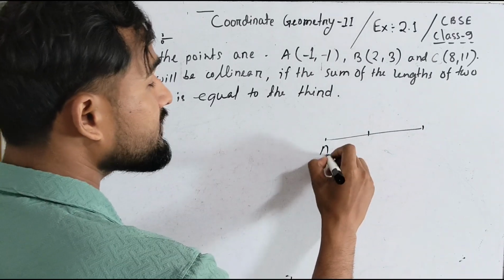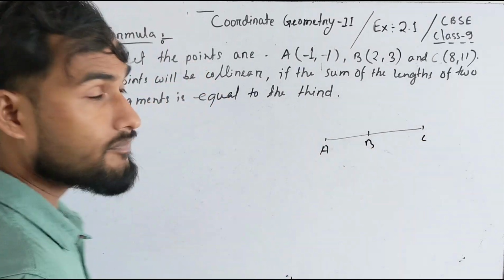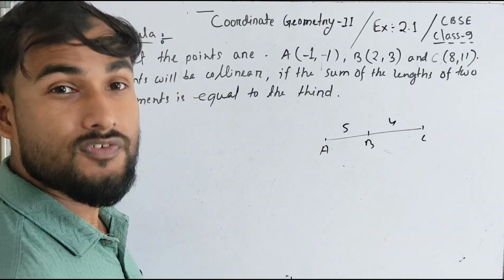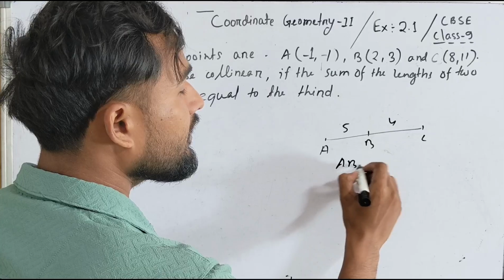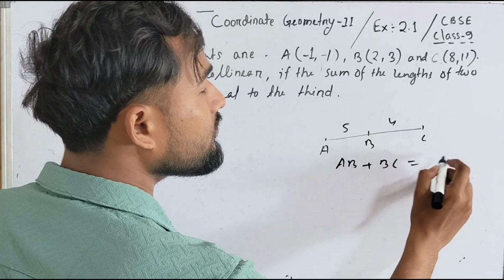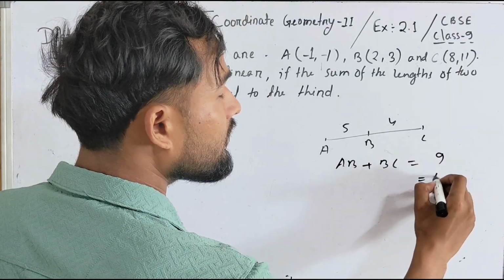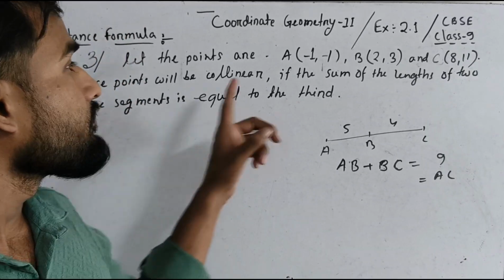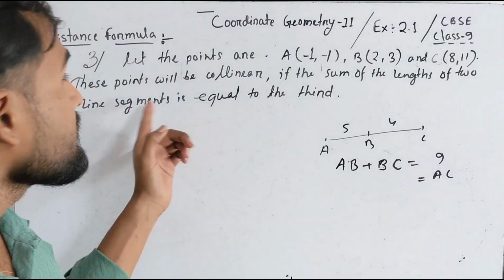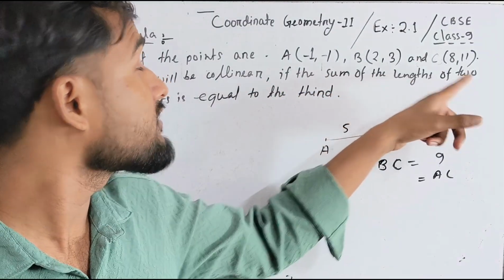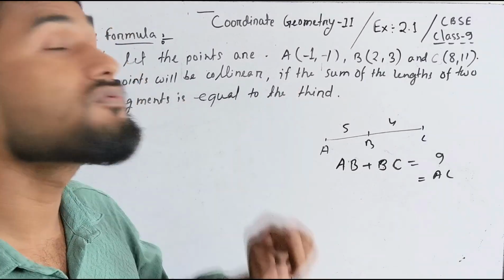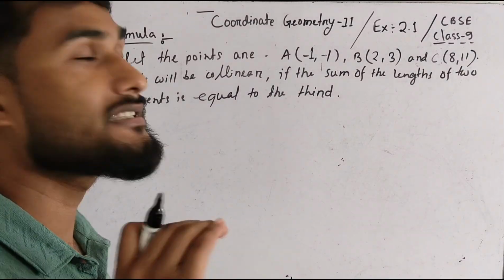Now suppose A, B and C is here. Suppose here is 5 centimeter and here is 4 centimeter, and AB plus BC equal to 9 equal to AC. These three are collinear if the sum of the lengths of two line segments is equal to the third. Now we shall prove with distance formula.